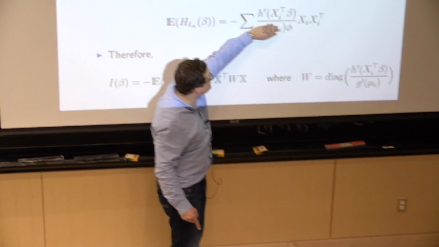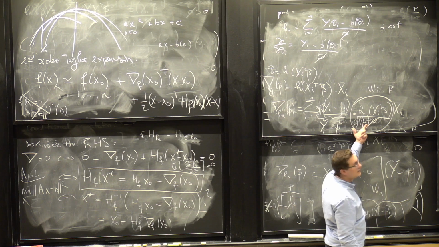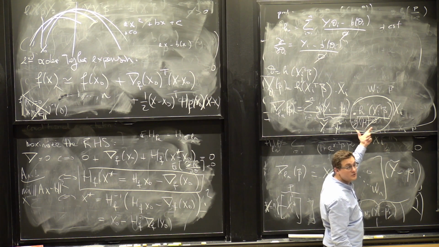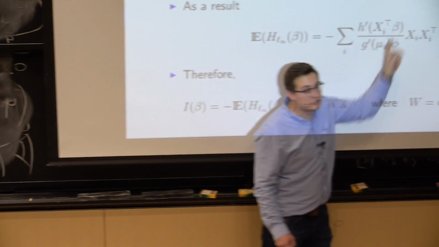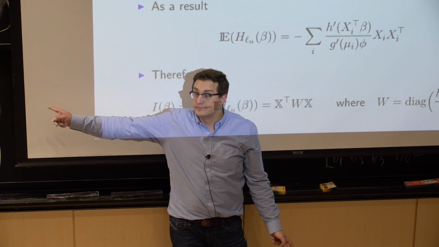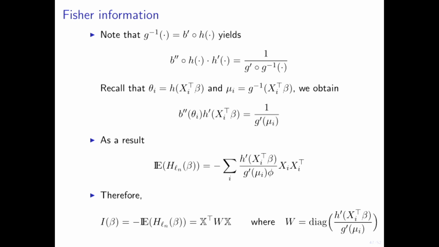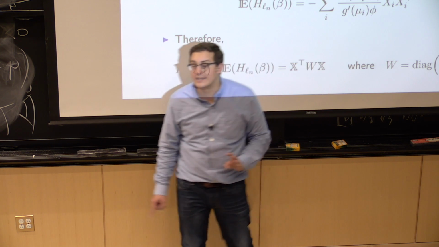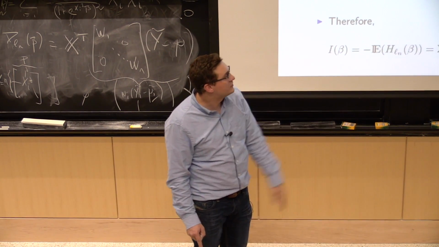If I did not put the g prime in the w that I put here, completely artificially, I would not be able to call this guy wi, which is exactly what it is from this board. And now that this guy is wi, I can write this thing here as x transpose wx. OK? That's why I really wanted my w to have this g prime of mu I in the denominator, because now I can write a term that depends on w.